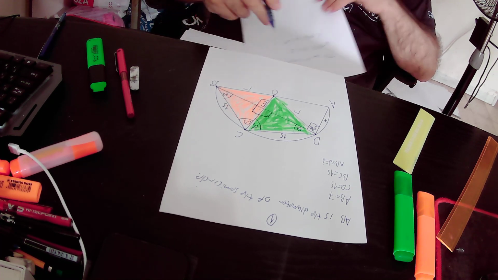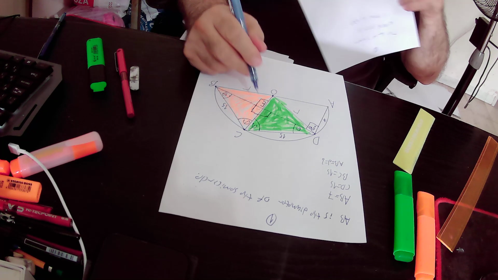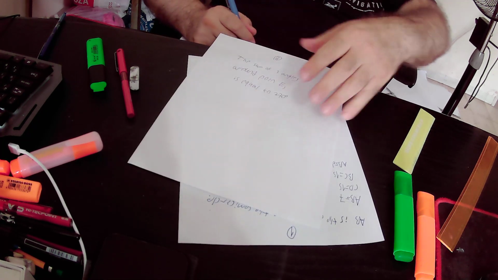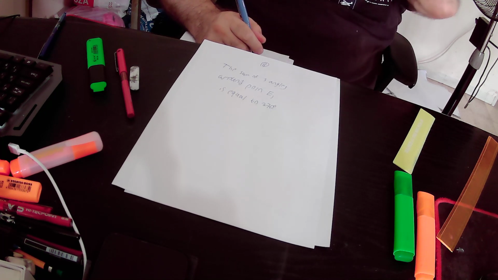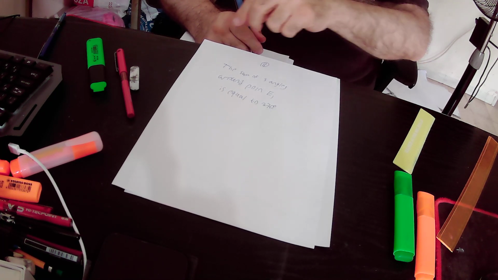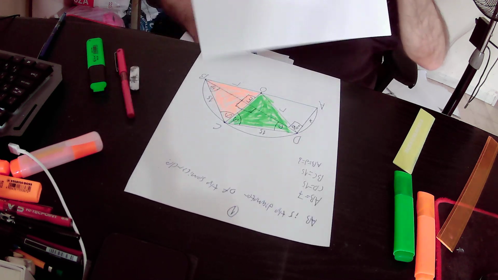Okay, the sum of those three angles is equal to 270 degrees. So I'll read again the things that I wrote. The sum of three angles around point E is equal to 270 degrees.